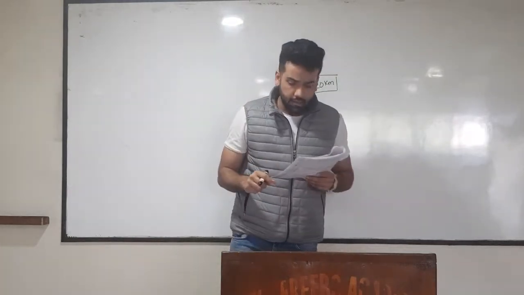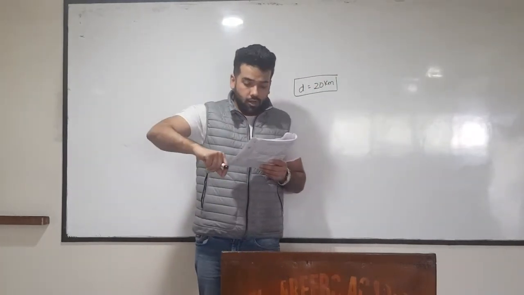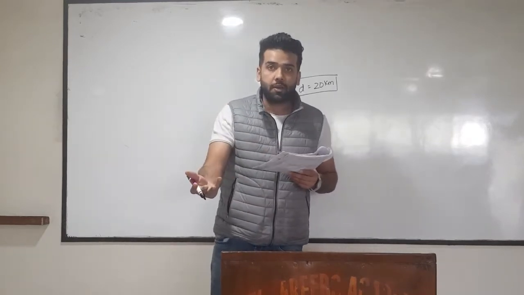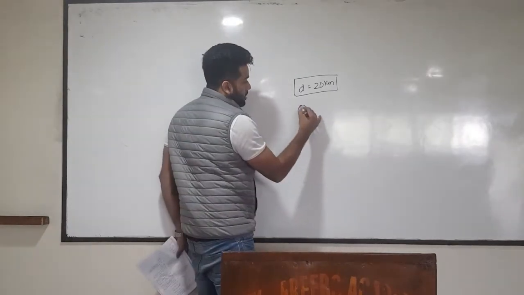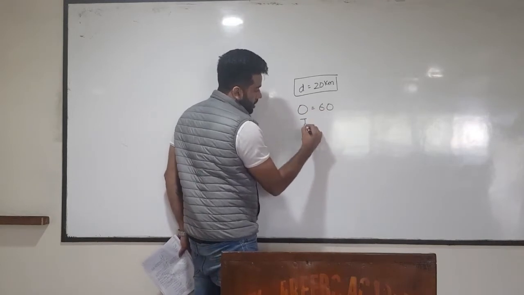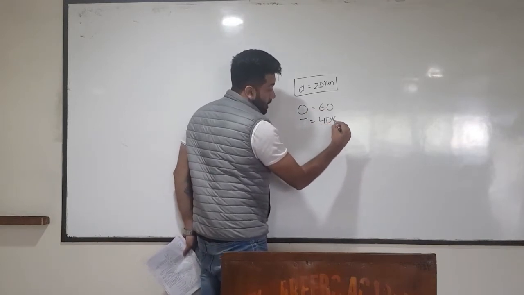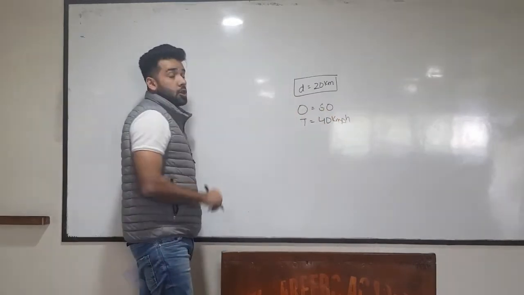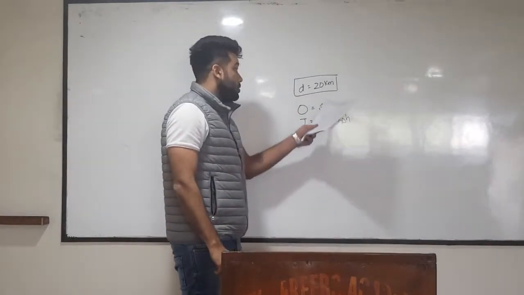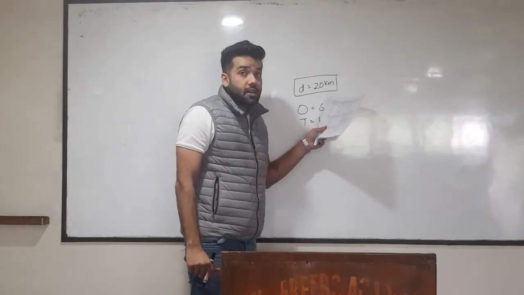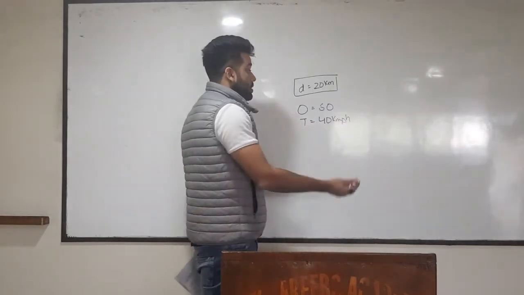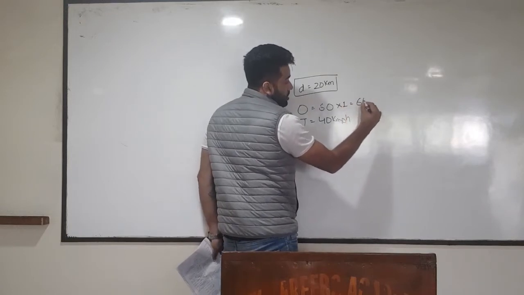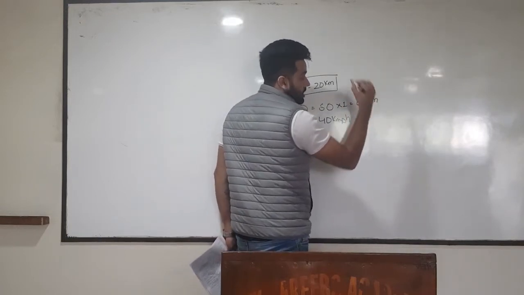And immediately the owner sets off in another car with a speed of 60 km per hour. The owner's speed is 60, the thief's is 40 km per hour. That means in one hour the owner gains 20 kilometers, and he had to cover 20 kilometers here too. That means to cover 20 kilometers he has to travel for 1 hour. How much distance did he travel? 60 kilometers.